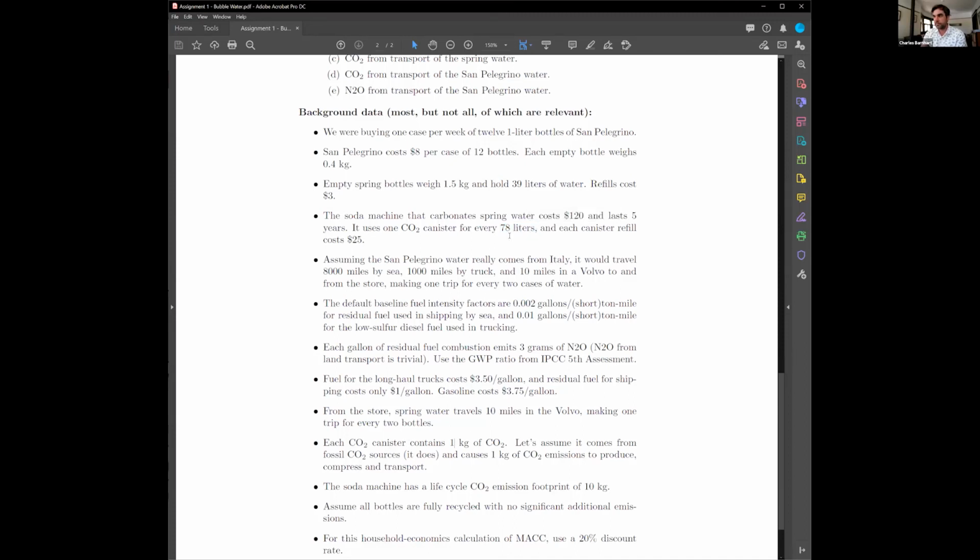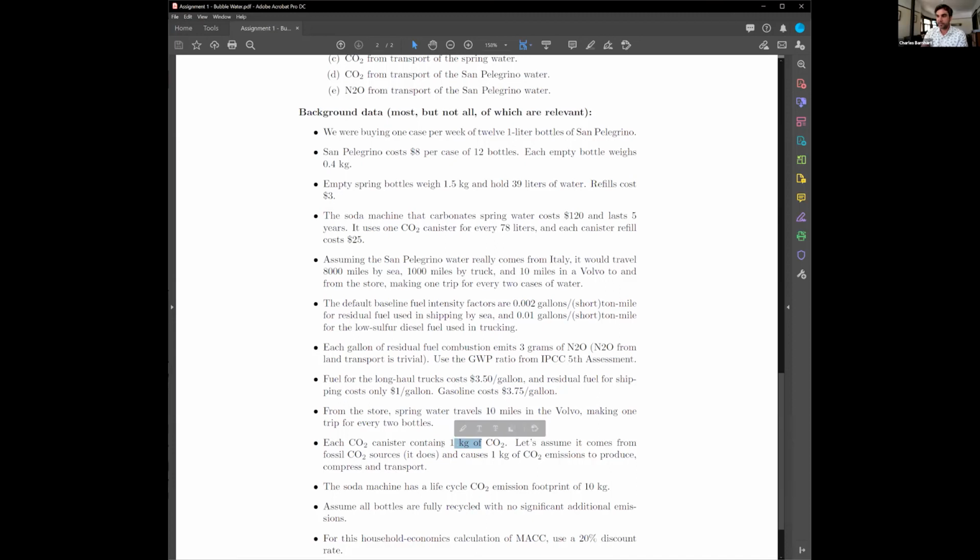But once you have charged 78 liters of water, you've expelled all the CO2 out of that canister. And so all that CO2 has now leaked into the atmosphere. Slowly, I guess, right? First it went into the water, and then it went into your belly, and then you burp it out or whatever.